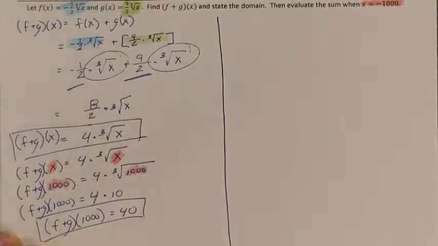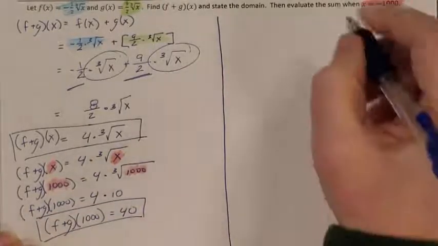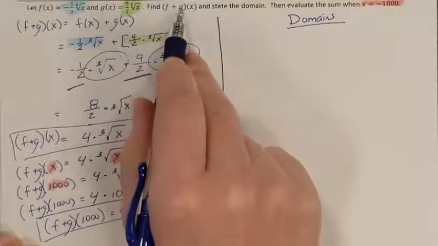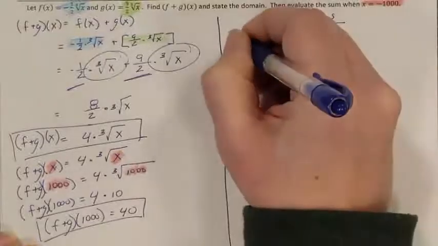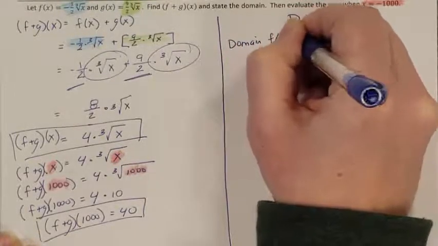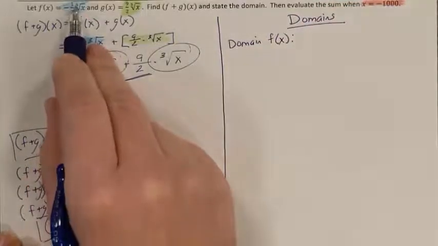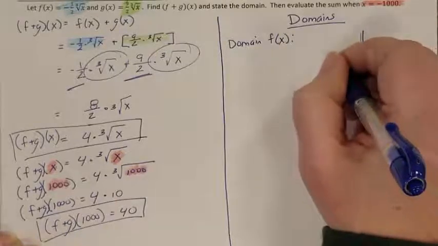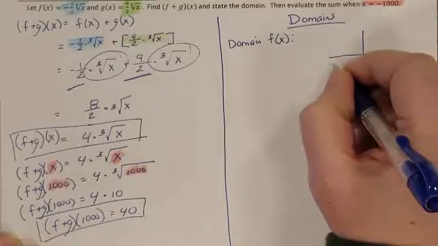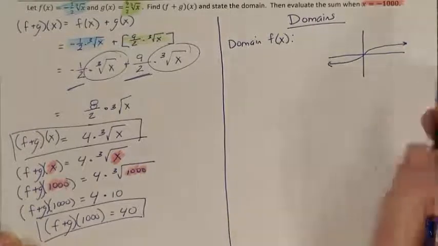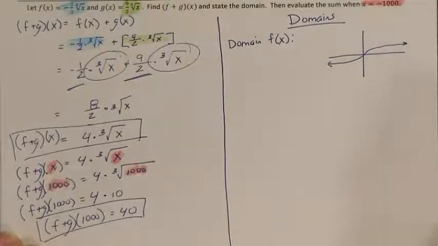Well, now we need to go ahead and look at our domains. If I'm being asked to find the domain of the entire new function, I first need to look at the domain of each individual function. So the domain of f of x. This is a third root function. If you remember, the parent function of a third root function looks like this, where your domain is all real numbers and your range is all real numbers.